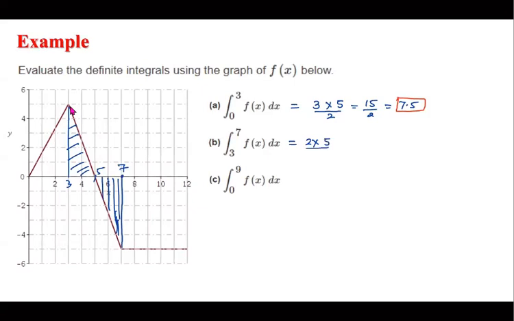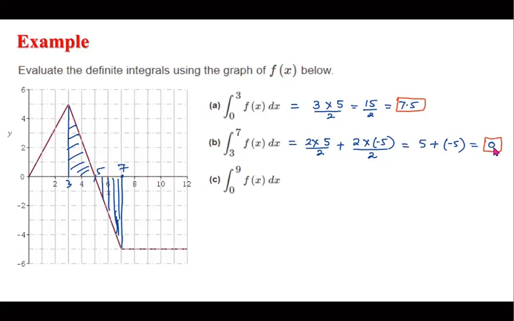Then plus, for this triangle, the base is from 5 up to 7, which means 2 units. It is also 5 units tall, but 5 units below the x-axis, so that is negative 5, divided by 2. 2 times 5 is 10, divided by 2 is 5. Plus 2 times negative 5 is negative 10, divided by 2 is negative 5, which gives 0. So the value of the second definite integral is 0.